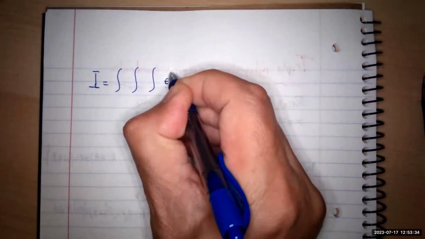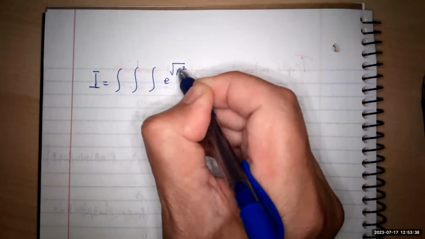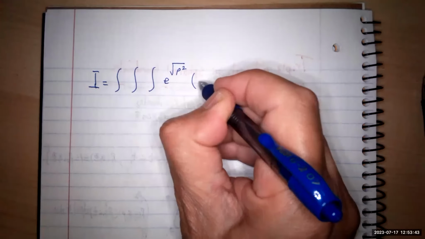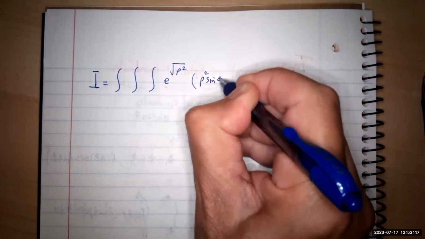Now your function was e to the, you substitute for x squared plus y squared plus z squared, it's going to be rho squared. The extra term is rho squared sine of the phi.